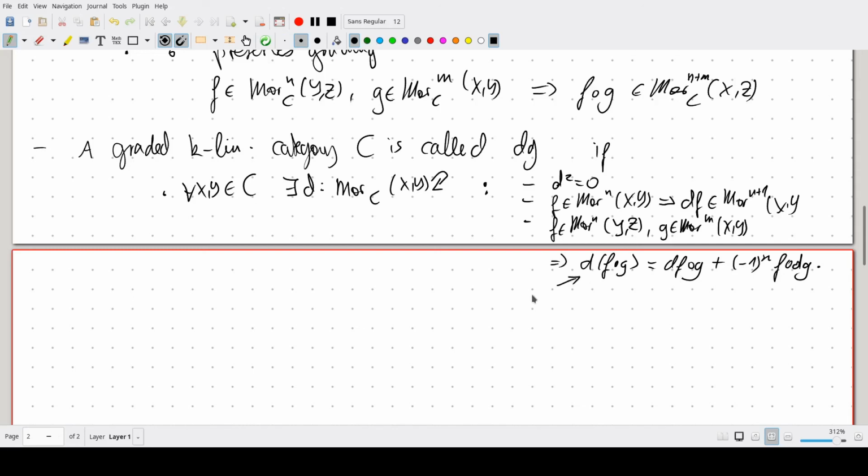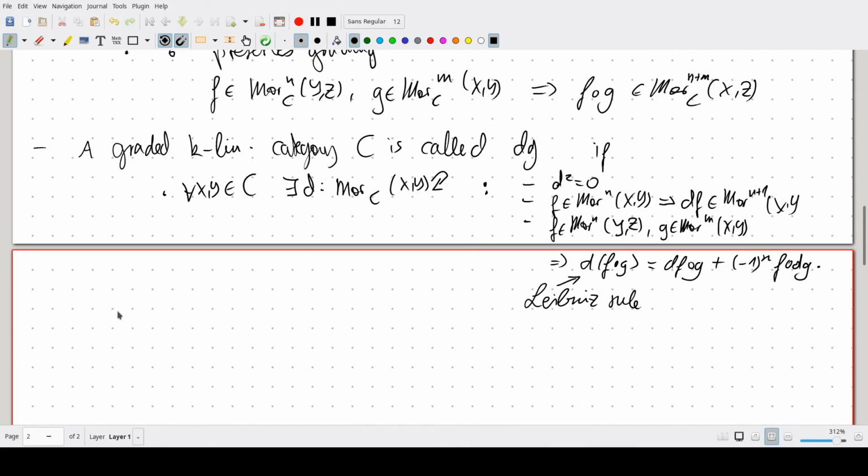And this last bit here is often referred to as the Leibniz rule, meaning that the d behaves like a differential operator. Then this is like the product rule, or some product rule-like rule.